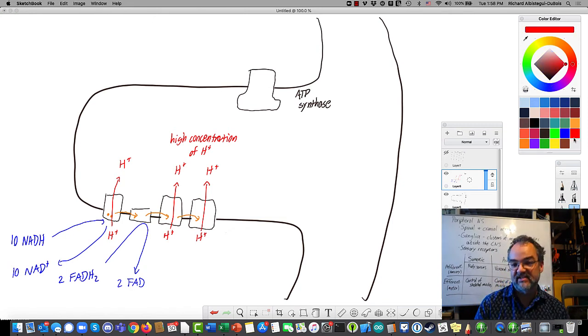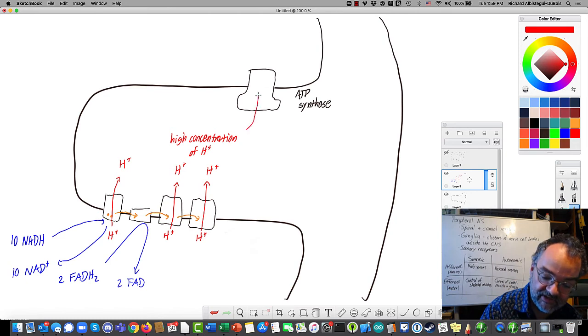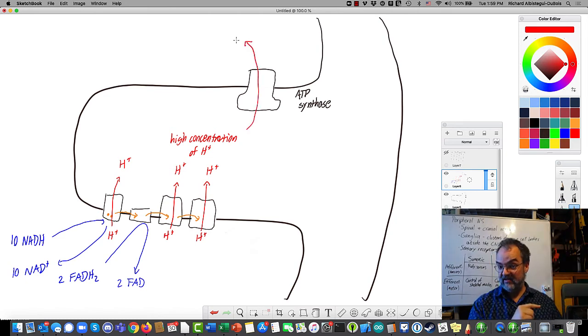ATP synthase is here to give these protons a way out. They can diffuse from high concentration to low through ATP synthase, which acts as a carrier protein. But it's a very unusual carrier protein.